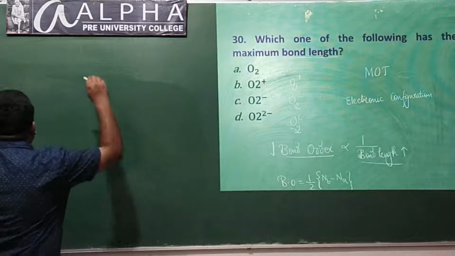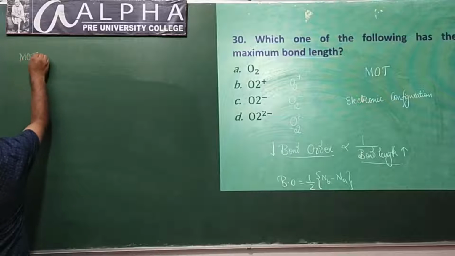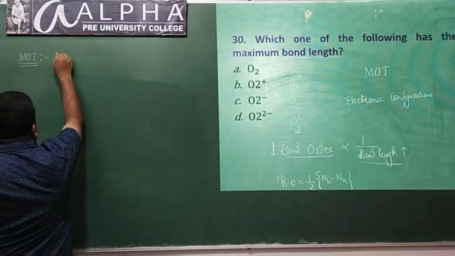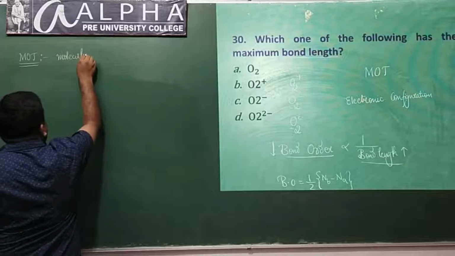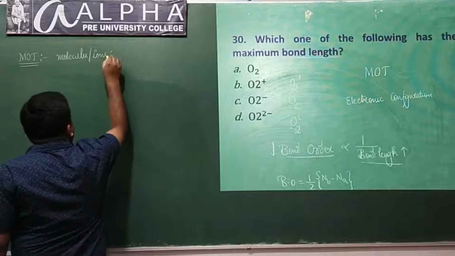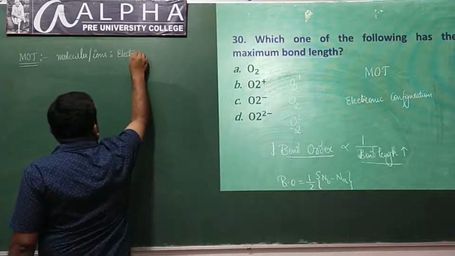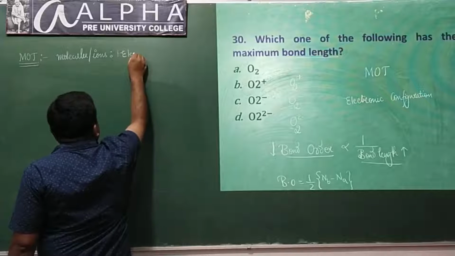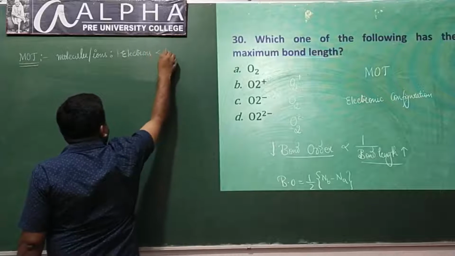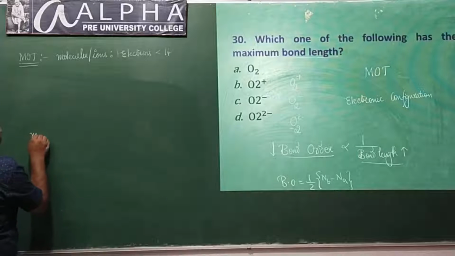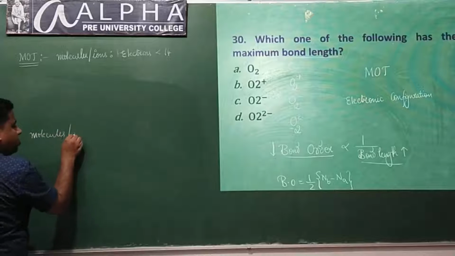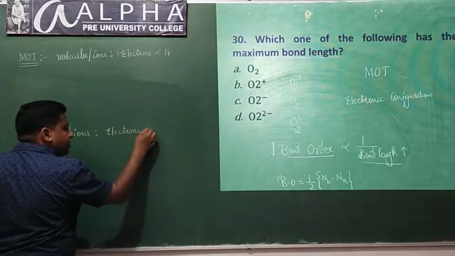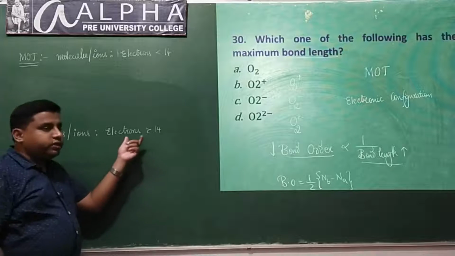According to molecular orbital theory, we have two different electronic configurations: one for those molecules or ions with fewer than 14 electrons, and another for those molecules or ions with more than 14 electrons.